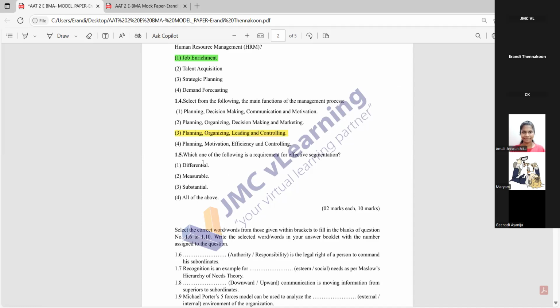So, which one of the following is a requirement for effective segmentation? 1.5. There are a few answers: differential, measurable, substantial, all of the above. What's the answer?